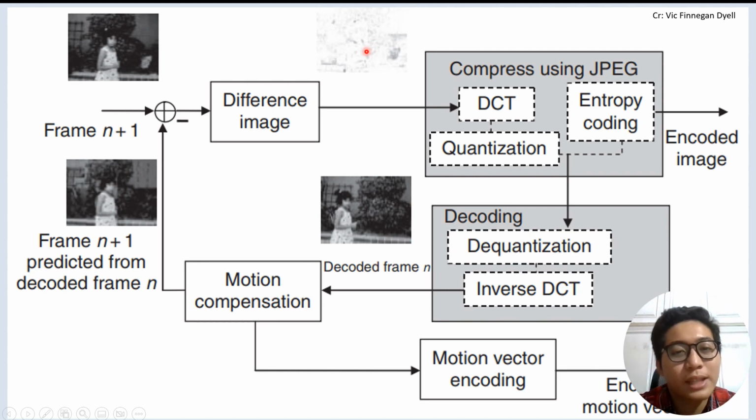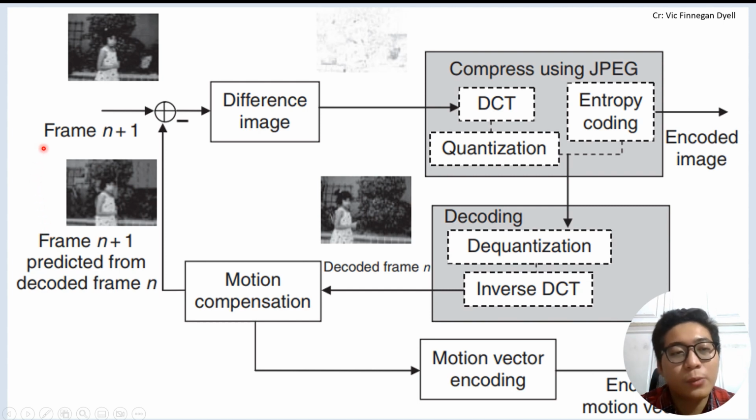Here is a simple diagram that portrays the compression process using a closed-loop encoding. Let's say we already have a decoded frame n that is passed from the cycle above, and then we use the motion compensation to produce a prediction of the frame n plus 1, as you can see on the left here.